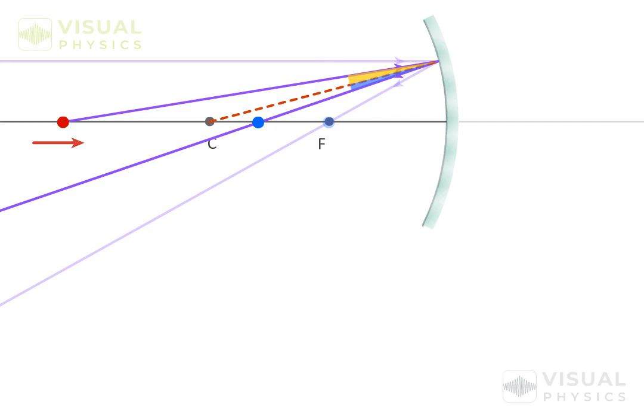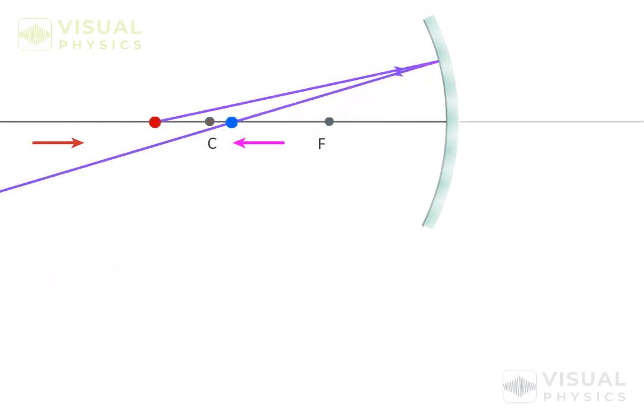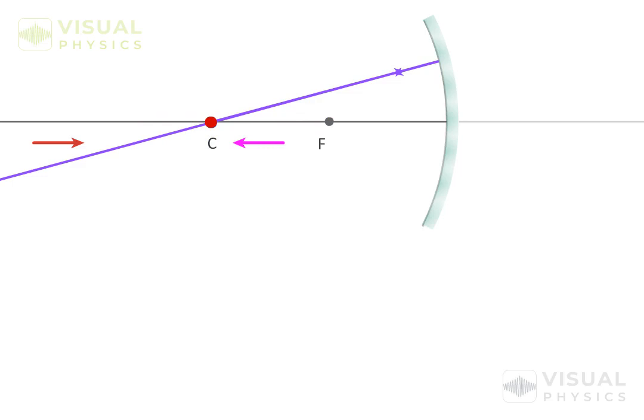And thus, the image also moves towards the center of curvature. When the object is at the center of curvature, then the incident ray is normal to the mirror at this point, and thus is reflected back to retrace its path. Thus, image is also at the center of curvature.